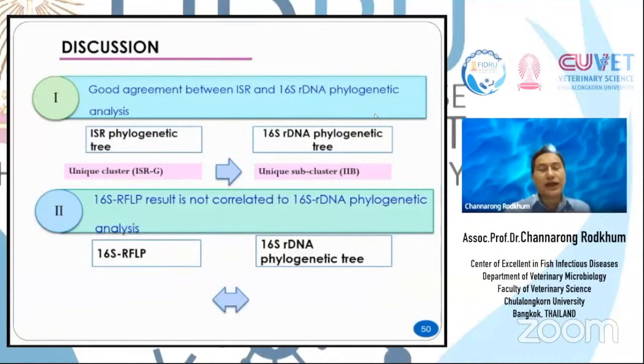Sometimes when you would like to characterize or differentiate a bacterial pathogen, you cannot use only a single tool or single gene for the phylogenetic analysis or phylogenetic tree. You have to combine many genes or many techniques to characterize them. It depends on the discrimination power, whether it will be high or not.